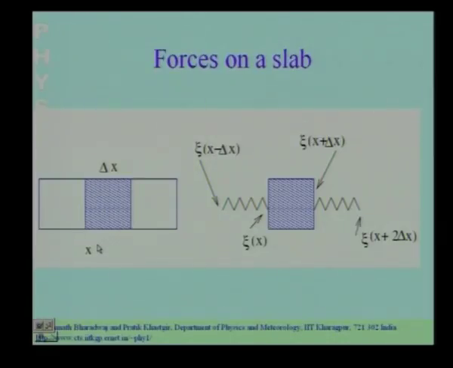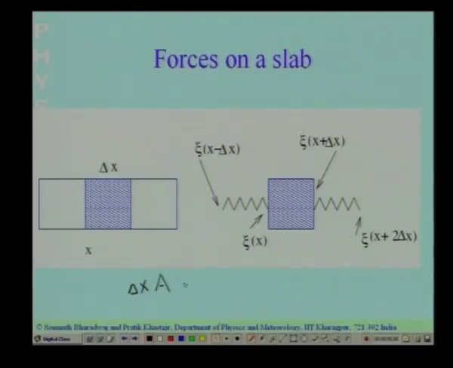So, let us ask the question, what is the mass of this slab? What is the mass of this element which extends from x to x plus delta x? Let us first calculate the length. The length of this is delta x, and it has a cross sectional area A which I have not shown.